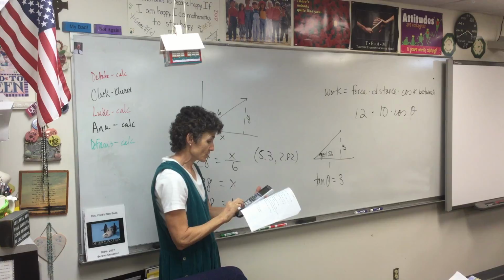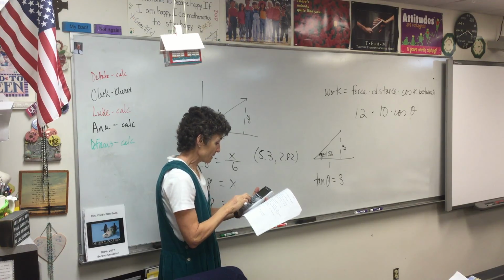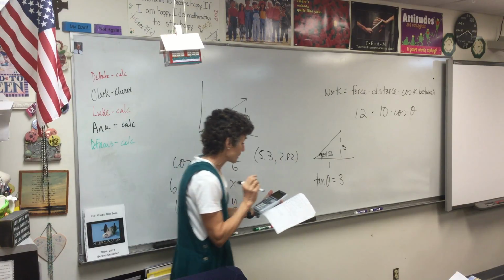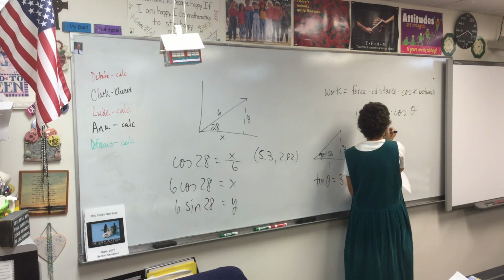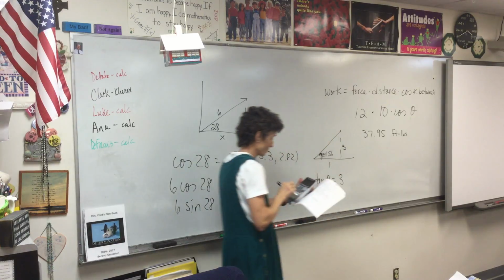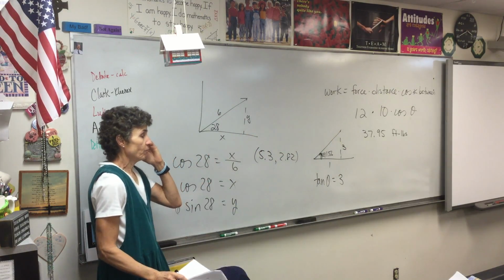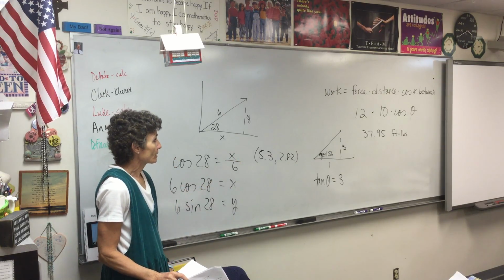So the answer is 12 times 10 times cosine of that answer I just got. And the answer then is 37.91 5, what we call foot-pounds. Because we're pushing with a force in pounds, and we're pushing for a distance of feet.